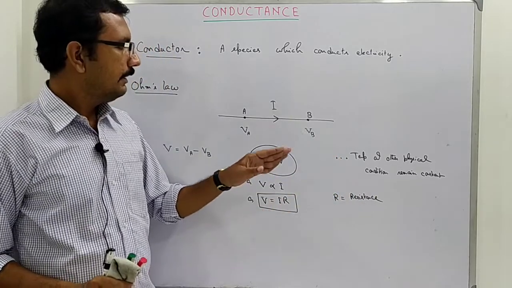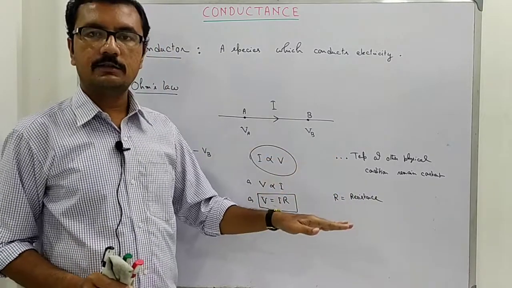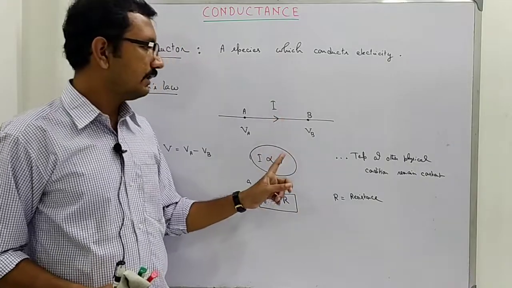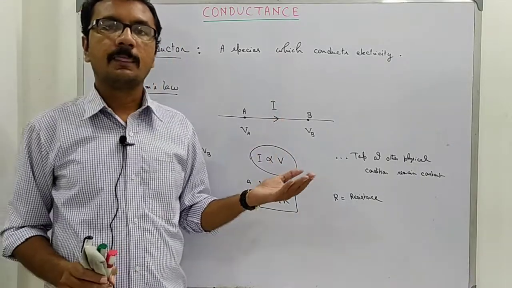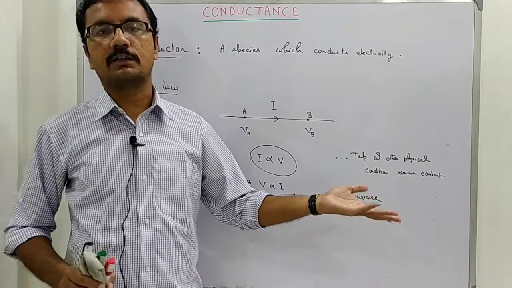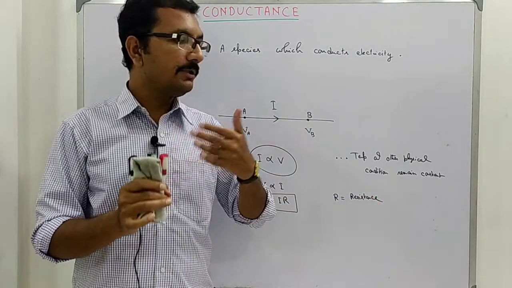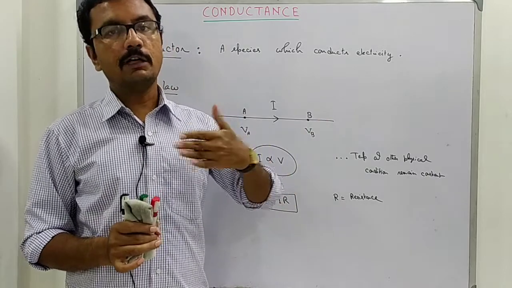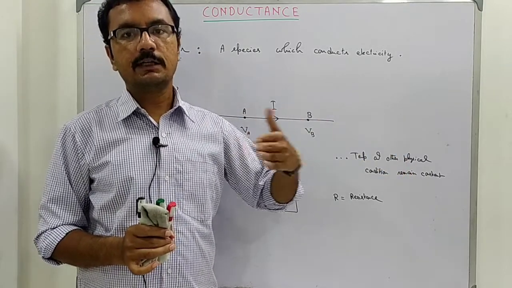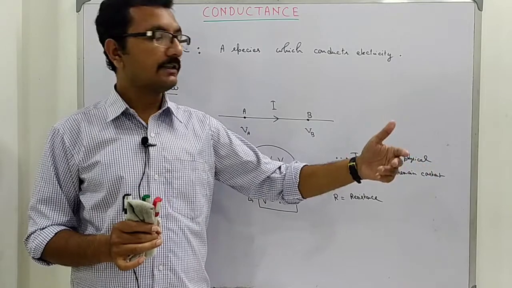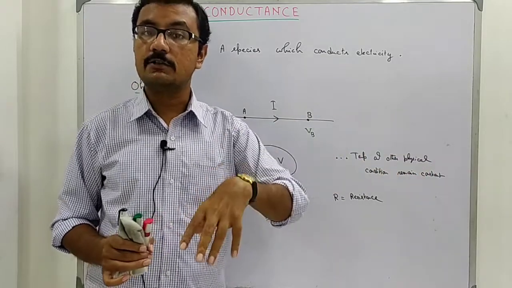But the rate of flow of charge through the cross section of this conductor, that is the current, will be different for different conductors, and that will allow you to compare between the power of different conductors. You can say that this is a better conductor than this one.